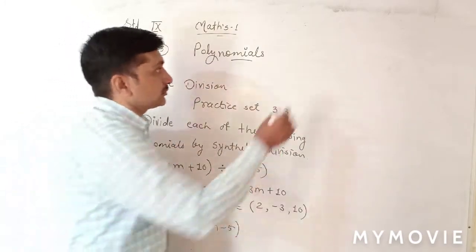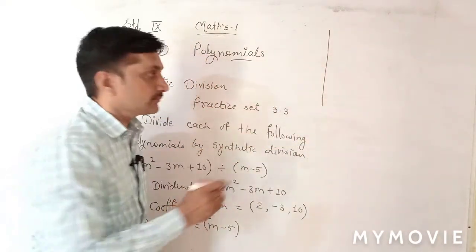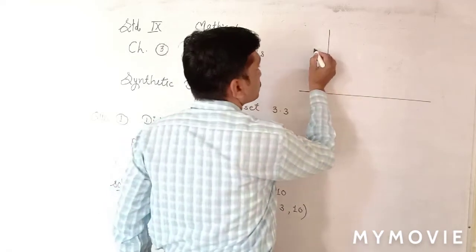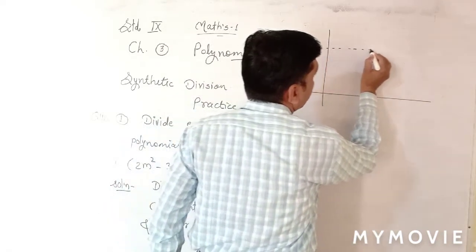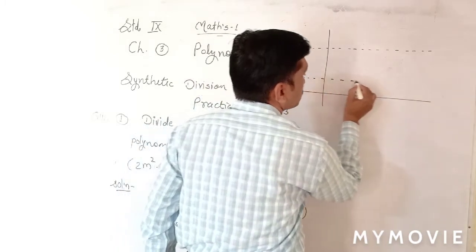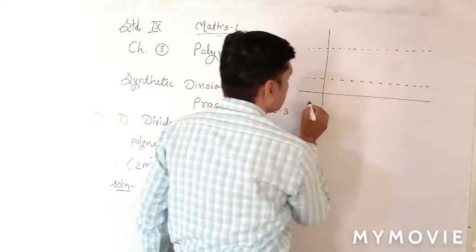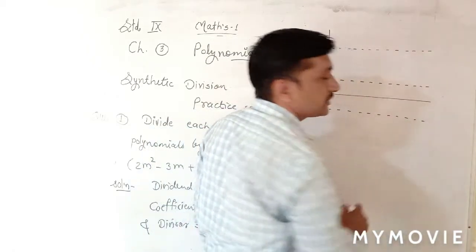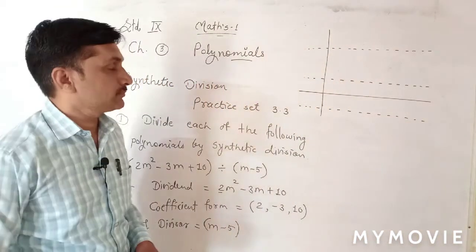Now division: draw one vertical line and here a horizontal line. Here two rows, first row is here, second row is here, and the third row we want here. In this way we have to write terms in 3 rows.